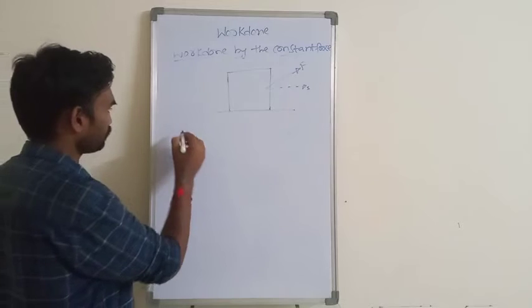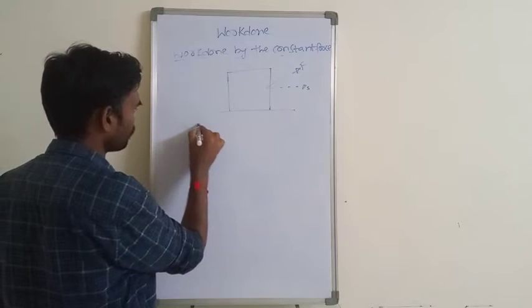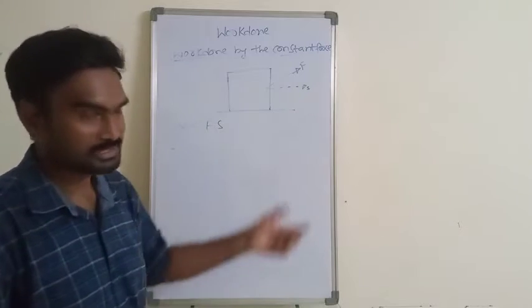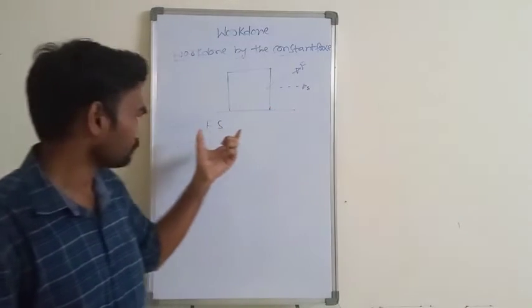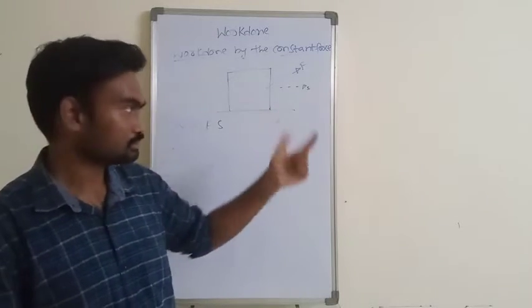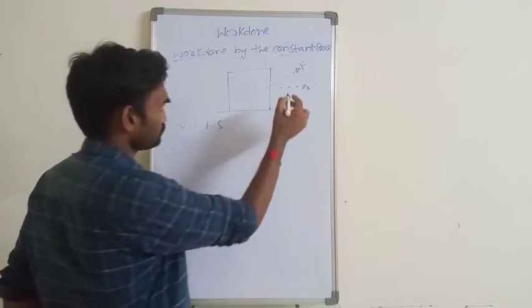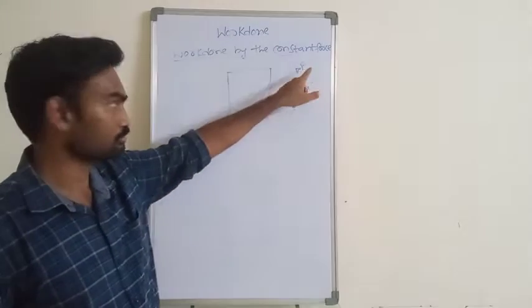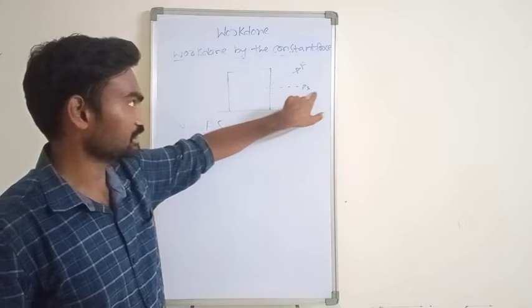Basically, we already know the formula for work done: work done is equal to force into displacement s. But in this scenario there is not enough data to solve the problem. Here I am applying the force, but the block is moving in the displacement direction, which is the horizontal direction.